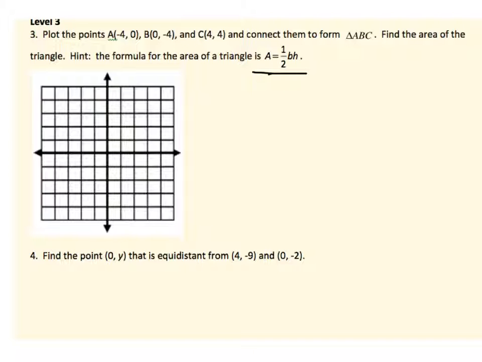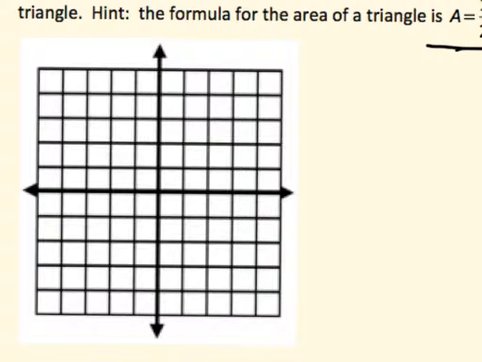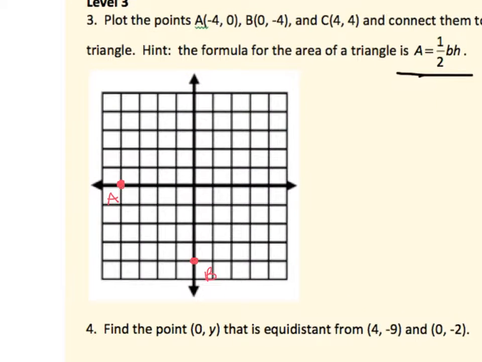So I'm going to go ahead and plot these points, (-4, 0), so here's A. We also have (0, -4), and (4, 4).